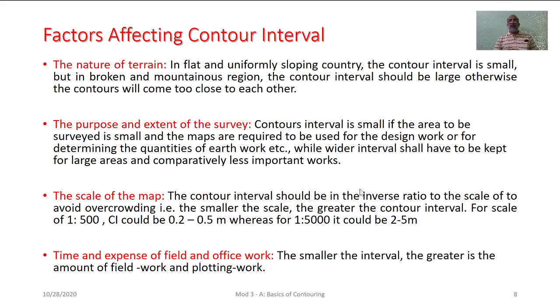Hence, the contour interval should be in inverse ratio to the scale to avoid overcrowding of the space. So if the scale is smaller, the contour interval will be greater.